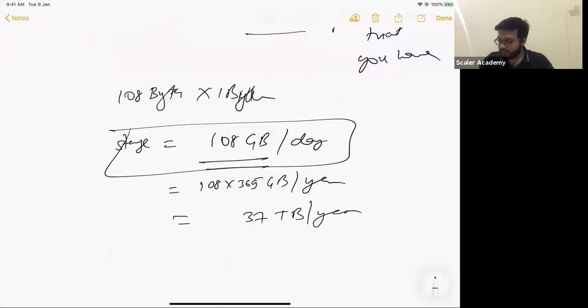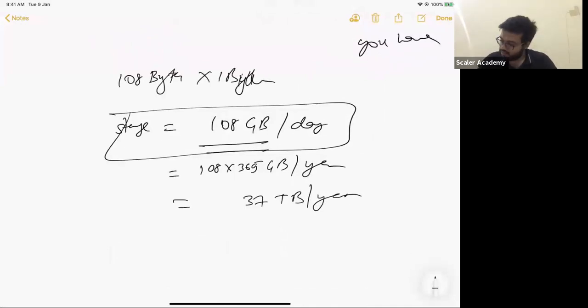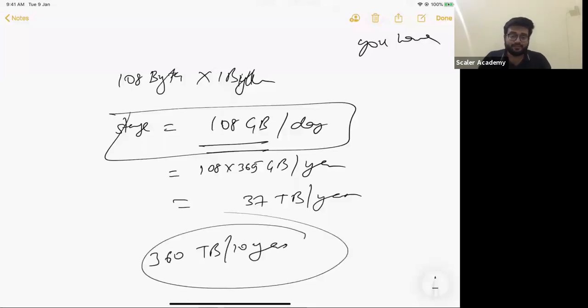Now, let's say we are building this for 10 years. So the overall storage that you're going to see is going to be, let's say, 360 TB for 10 years. Does that make sense to everybody? So all the questions that we would be solving, we would be roughly talking about 10 years. And for this system to be built, we require 360 TB of storage.